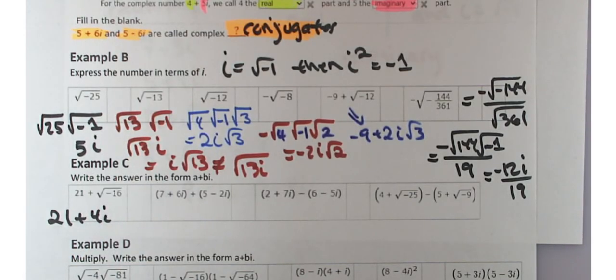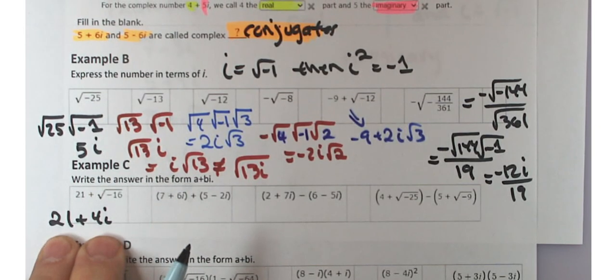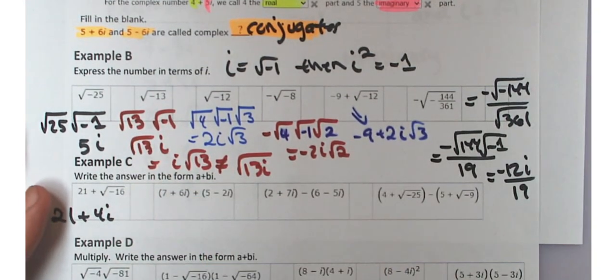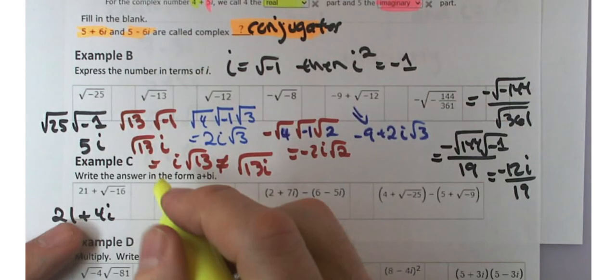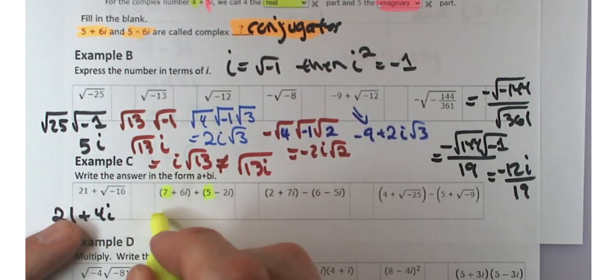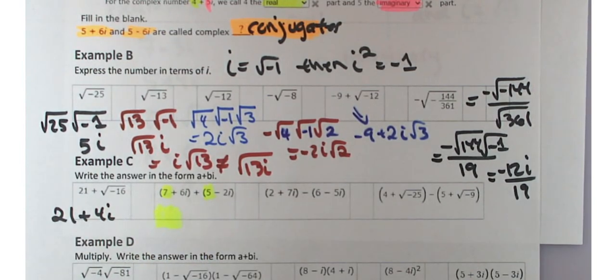The thing that's going to happen next is we're going to start adding complex numbers. So you can add and subtract complex numbers. And then our big work in this section is going to be to divide complex numbers. So let's see. In adding complex numbers, you're going to add the real parts.